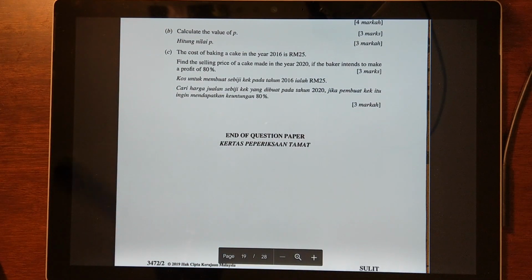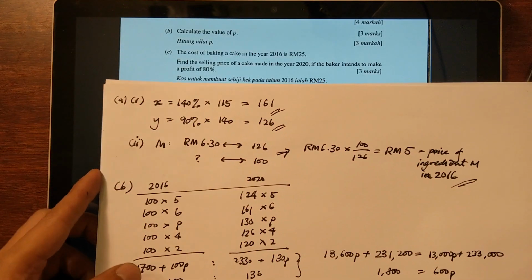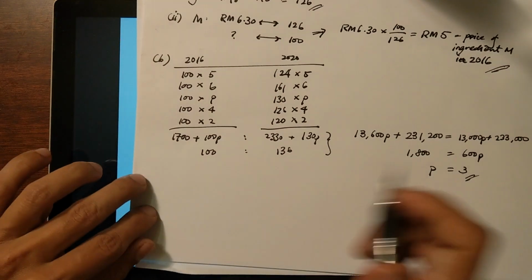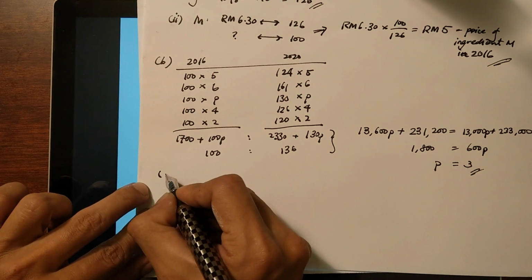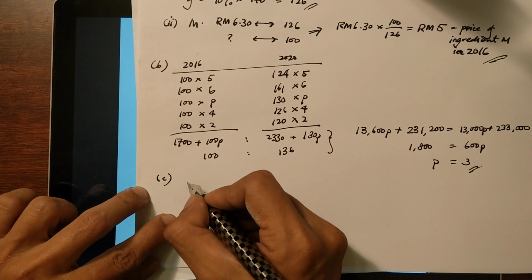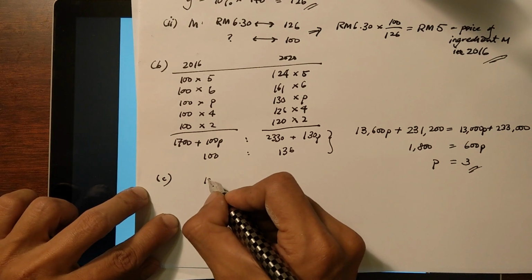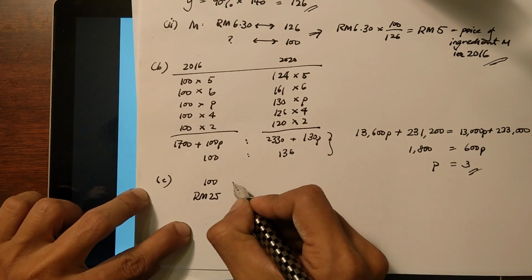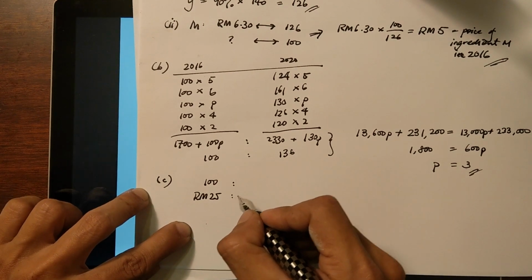Now the cost of baking a cake in year 2016 is 25 ringgit, right? So again, we're told that. So let's say this is now section C. So we're told that for an index of 100, that's equivalent to 25 ringgit, right?